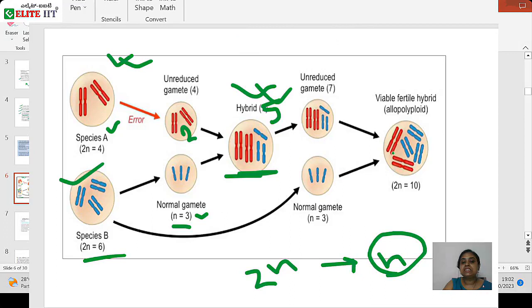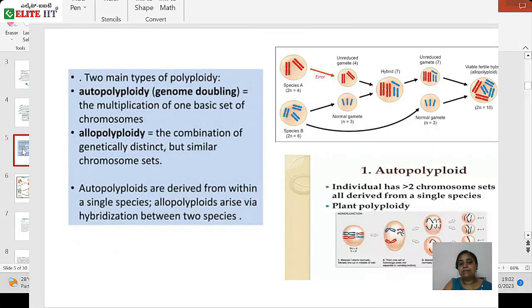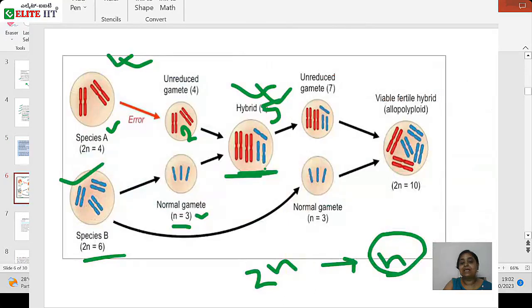But in the case of alloploidy, some abnormality is there. Abnormality means the number of chromosomes increased here. It should be 5, but it is giving you 7 chromosomes in the gamete. So this is an unreduced gamete, 7.